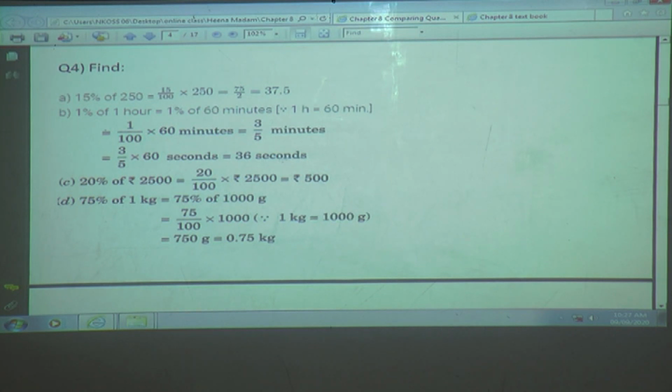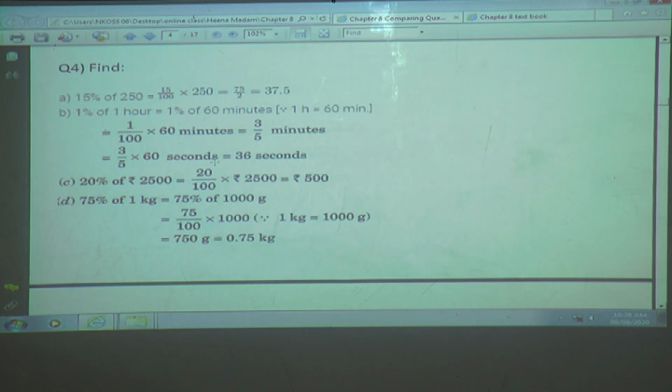In this way we can find the percent of a given amount, given hours, or given quantities, because percent means out of 100. One more example, 20% of rupees 2500. Whatever I have given here is very similar to the previous one. Here the amount is more, and the percentage is also more. So 20% of 2500 rupees is equal to 20 upon 100 multiplied by rupees 2500.